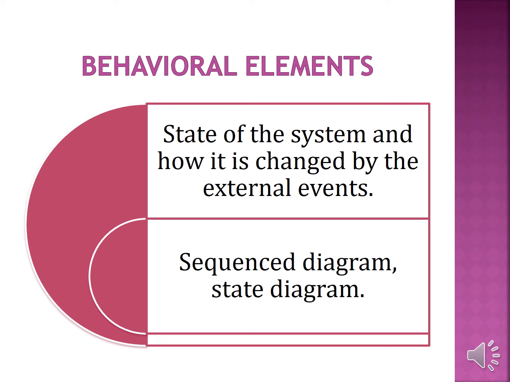The state variables may be system status, which may be ready or halted. Then the second attribute may be display message, so we can show the enter command or exit command message. Then the display status, so it may be ready. So all these are the different state variables, and state activities are also there.